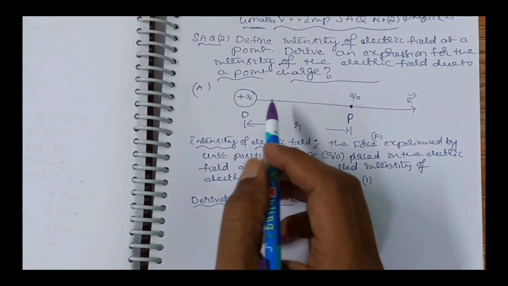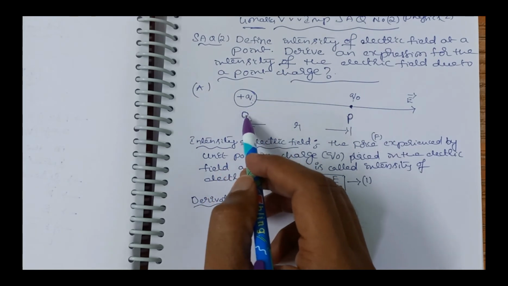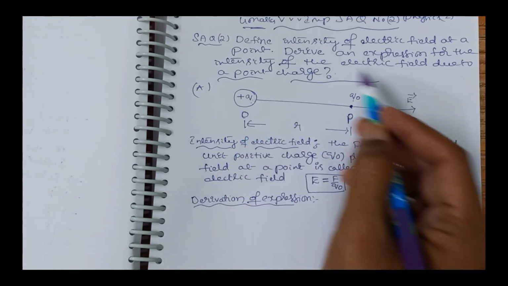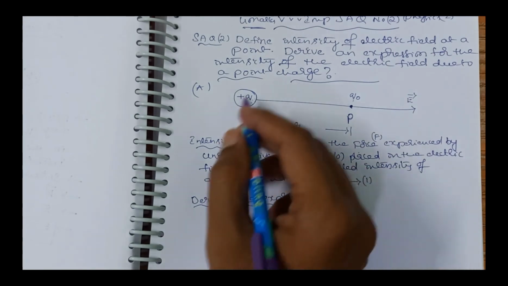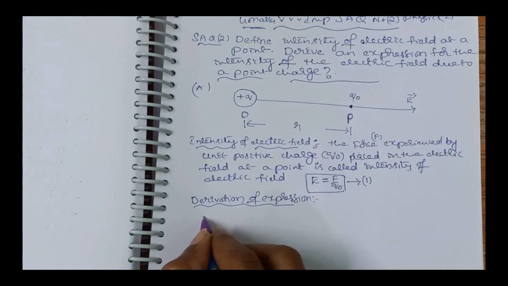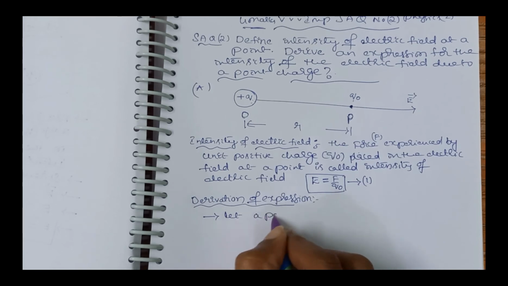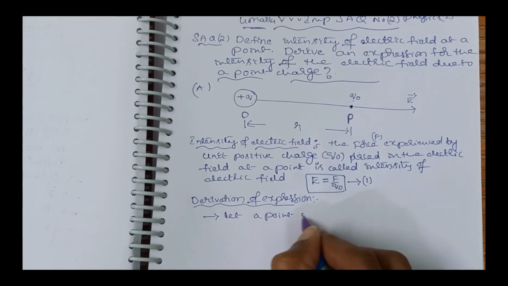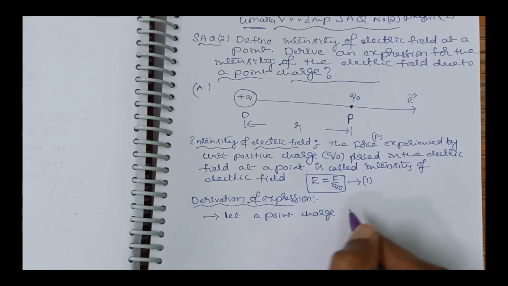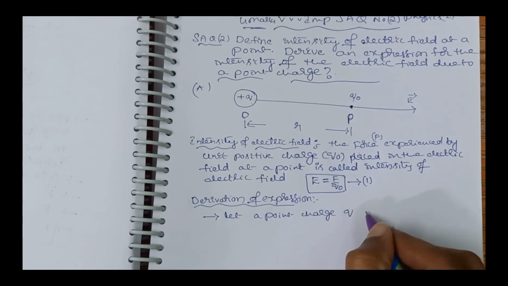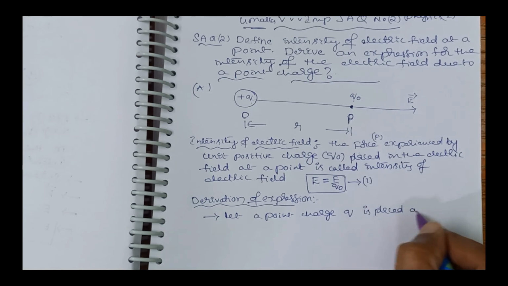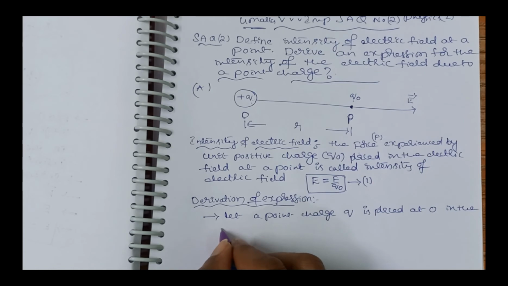So consider a point charge Q is placed at O which produces electric field around itself and the medium is air. So description: let a stationary point charge Q be placed at O in the medium air.